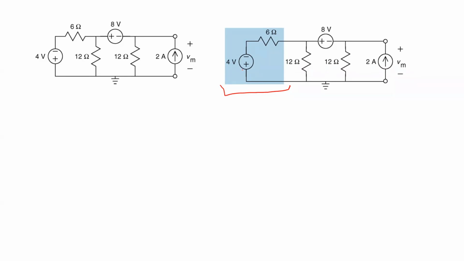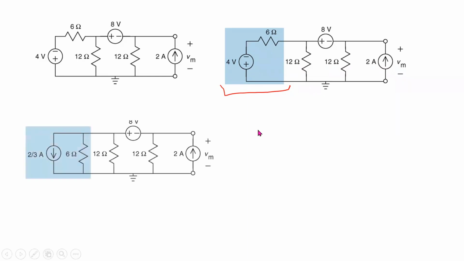Then what is the value of current? Using Ohm's law, I is equal to V by R. What is V in this case? It is 4. What is R? 6. It is 2 by 3, that is written here.